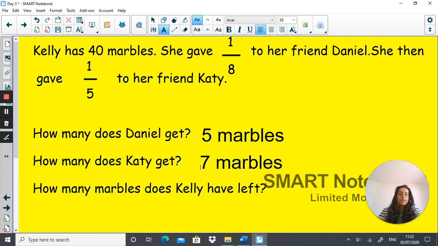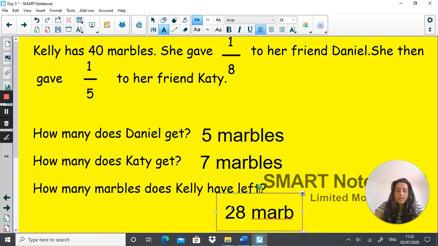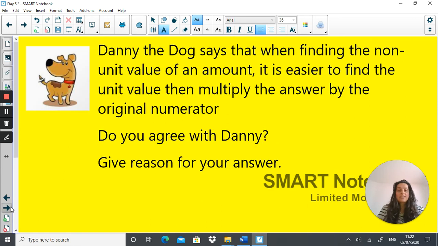So 5 plus 7 is 12. And then 40 take away 12 gives us 28 marbles. You can check that's the right answer by doing 28 plus 7 equals 35, plus 5 equals 40. So yes, well done, you got that right.